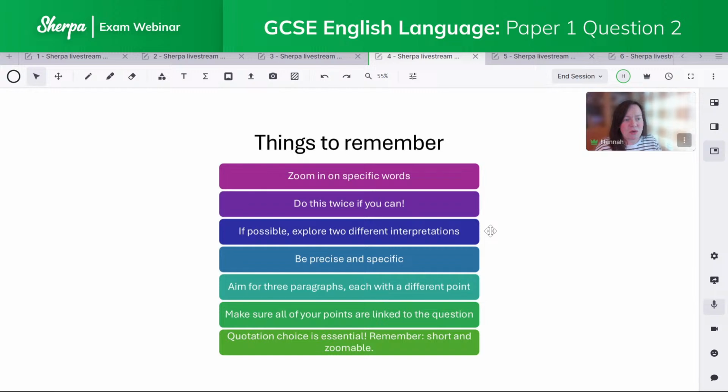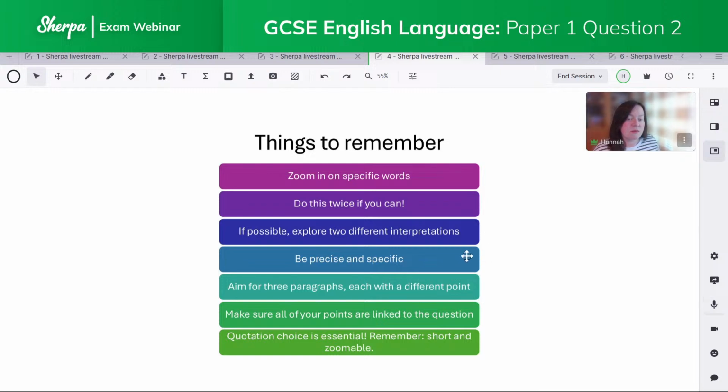So maybe a quotation could be understood in two, even just slightly different ways. And you can just briefly explain the two different interpretations. And that might get you some extra marks for being what we call perceptive. Basically means really thoughtful. You've really taken your time to think carefully about the language that is used.